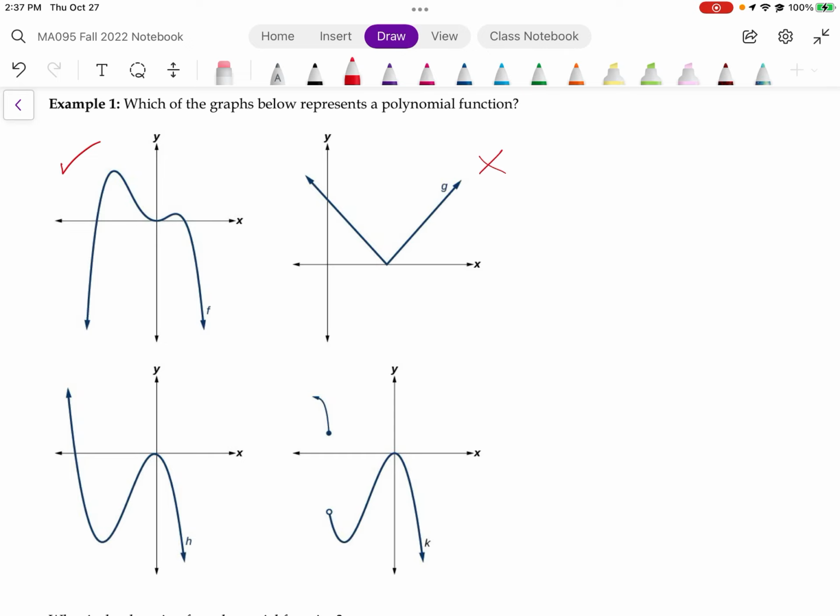It is not smooth. It has a sharp corner right there. The bottom left one is smooth and continuous, so it is a polynomial. And the last one, the bottom right, is not continuous. It has a break right here. So it is not a polynomial.